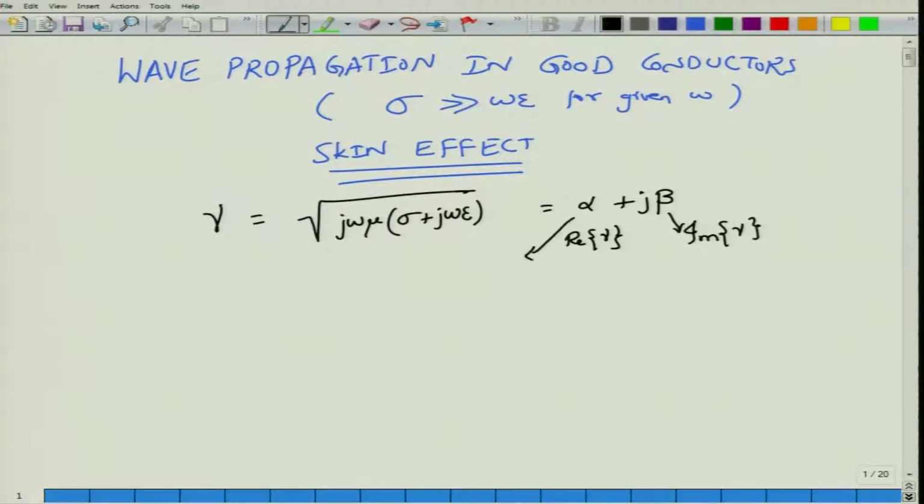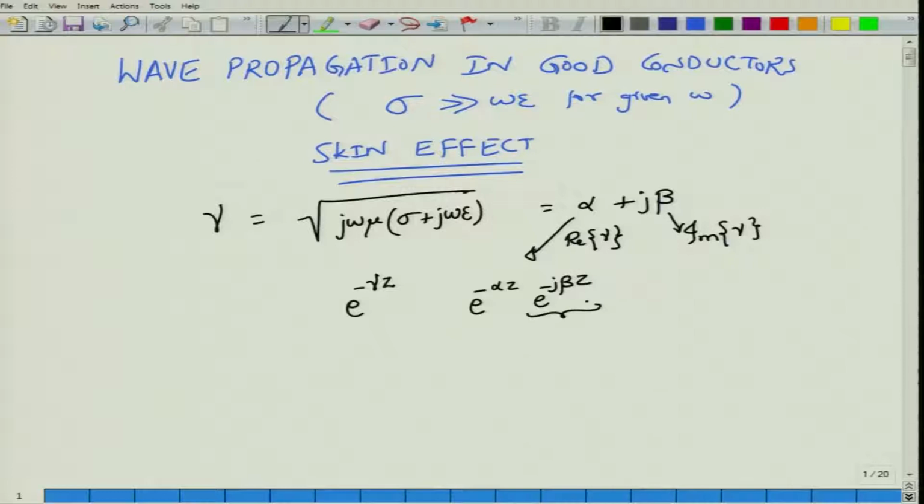This alpha tells you how the waves are attenuating, because we have assumed that the waves propagate along the z axis as e to the power minus gamma z. In place of gamma, if you now substitute alpha and beta, you will have e to the power minus alpha z and e to the power minus j beta z.